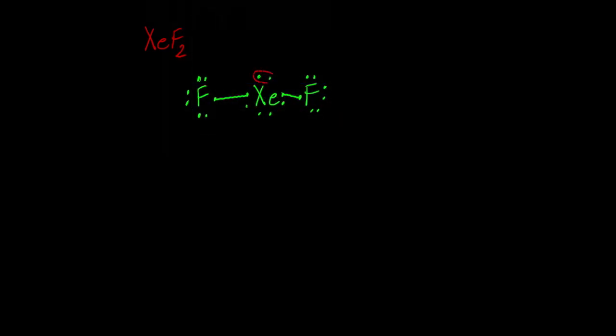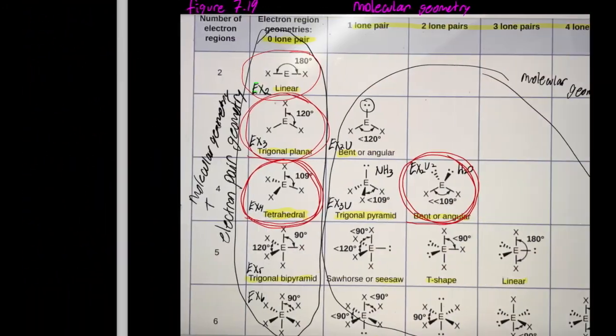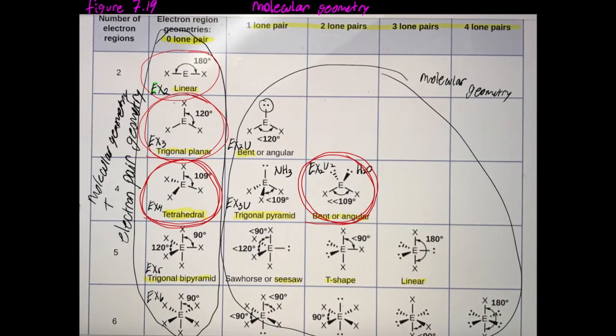There's 1, 2, 3, 4, 5. Okay, so there's 5 total groups. 5 total groups means, let's go back and look at the table if you're confused about the names of the basic groups. 5 total groups is called trigonal bipyramid.